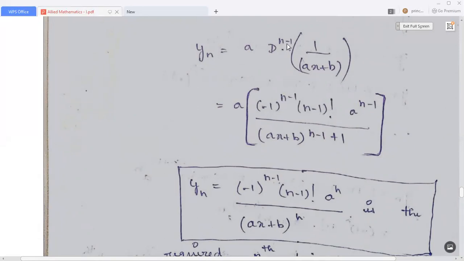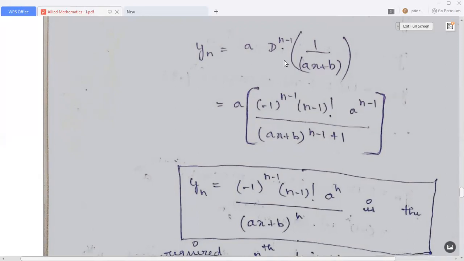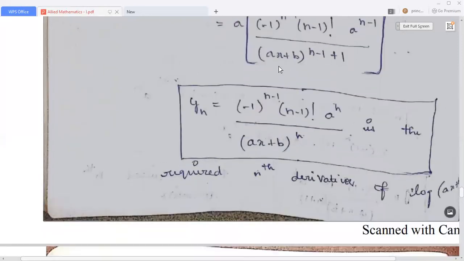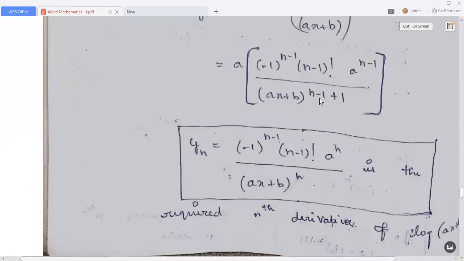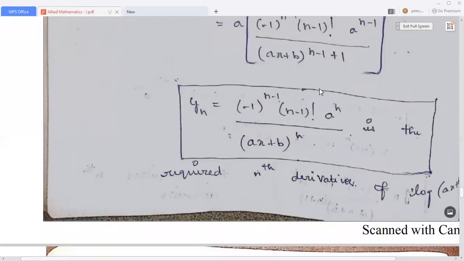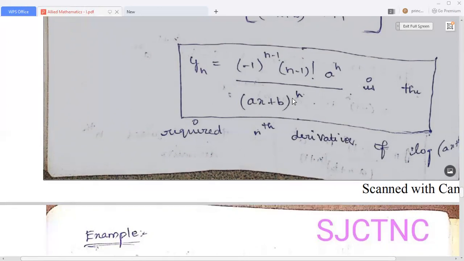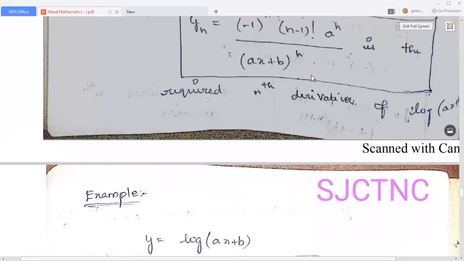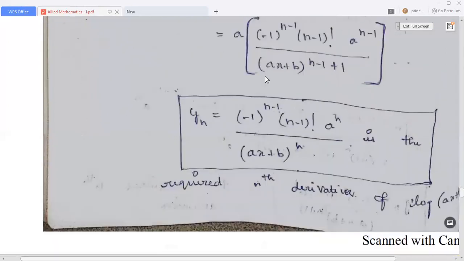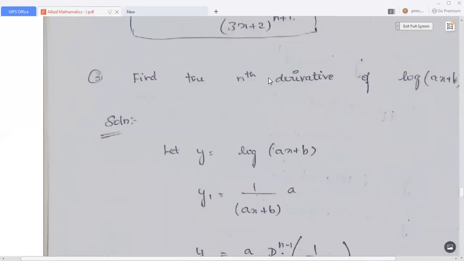Instead of n factorial, we write (n-1) factorial, into a^(n-1), whole divided by, here we write (ax+b)^(n-1+1). Then it can be simplified as yn is equal to (-1)^(n-1) into (n-1) factorial into a^n whole divided by (ax+b)^n, which is the required nth derivative for log(ax+b). So hereafter, this can be used as a formula for finding the nth derivative of log(ax+b).